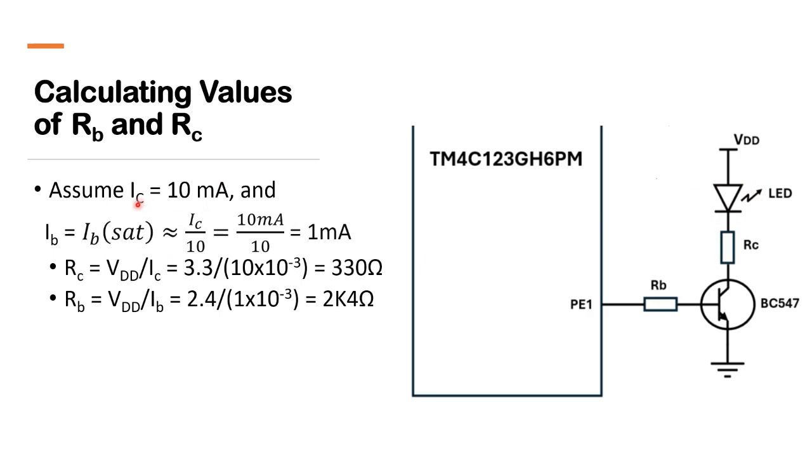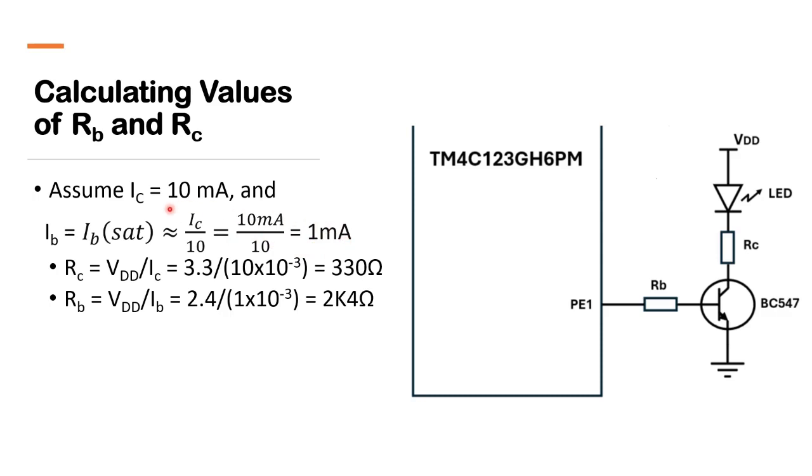So we settled down with 10 milliamp for IC. Now, what about IB, the base current? We can use this equation. IB is approximately IC divided by 10. Now, this is a rule of thumb. All right. So we substitute IC 10 milliamp divided by 10. That will give us 1 milliamp.